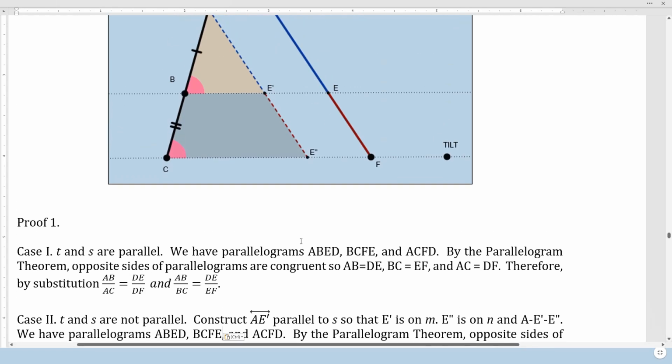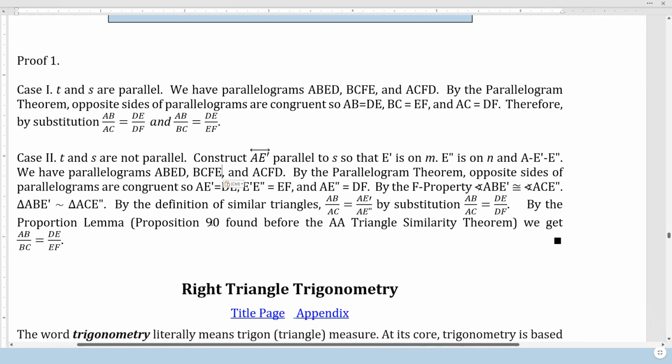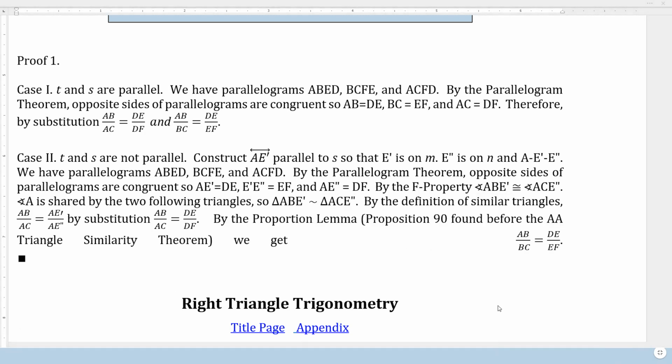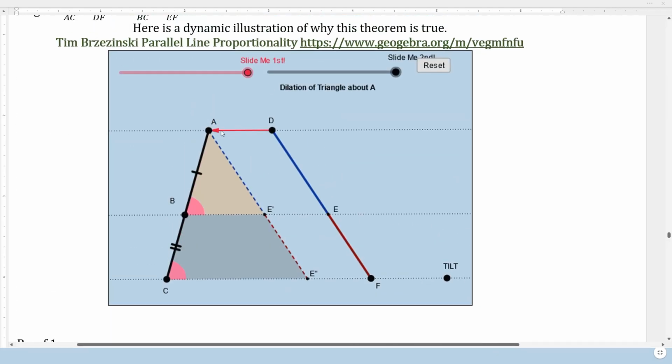So now we have these two triangles, which of course share angle A. So angle A is shared. So triangle ABE prime is similar to triangle ACE double prime, that one similar to the big one there.